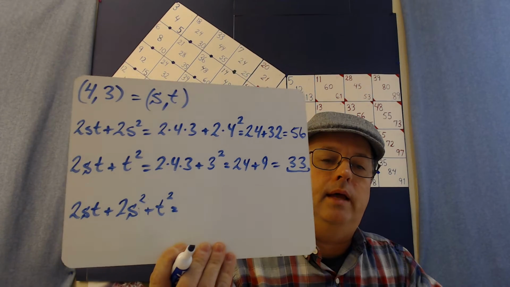Okay, and then if we do the C part of the algebraic expression, we have 2st plus 2s squared plus t squared, and so then that's plugging in s and t.